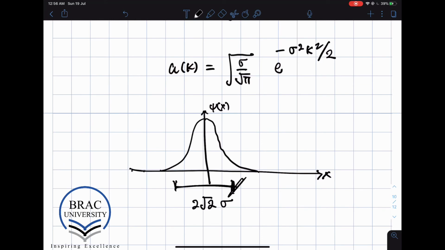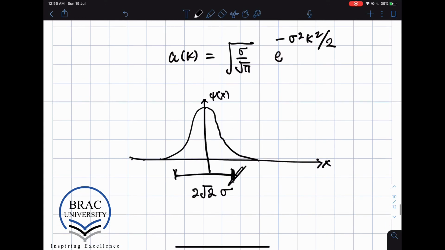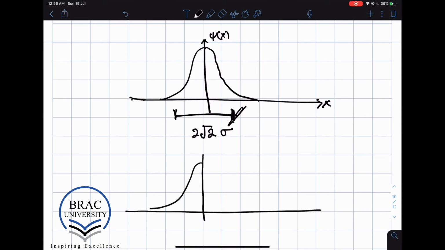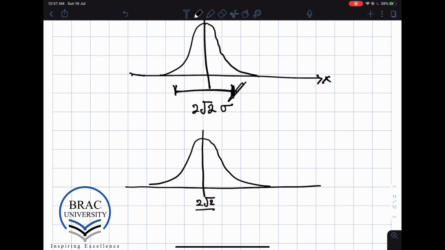On the other hand, the width of the Fourier transform is going to be given by 2 square root of 2 divided by sigma.